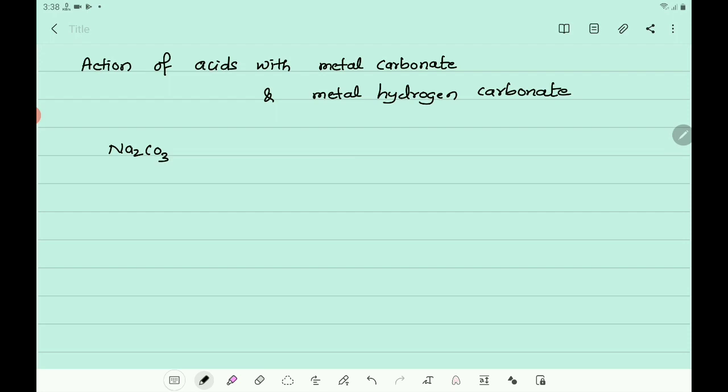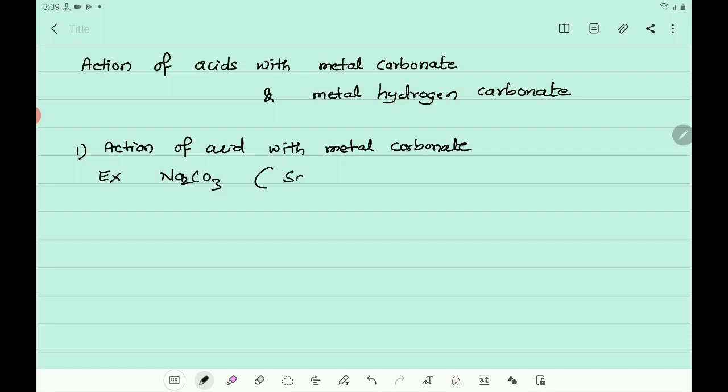Action of acid with metal carbonate. Example: which metal carbonate have we taken? Na2CO3, sodium carbonate.